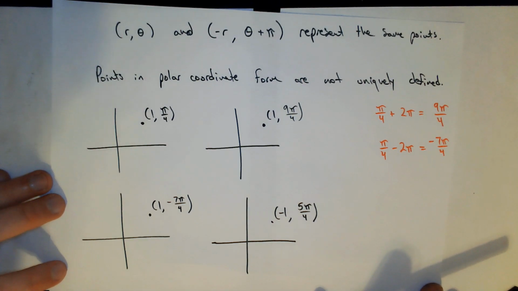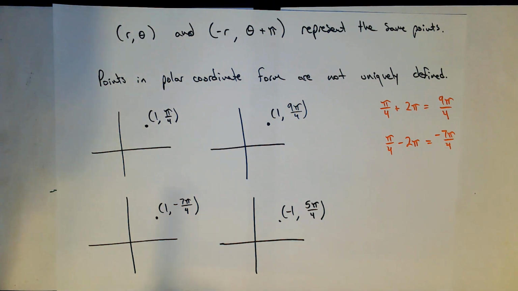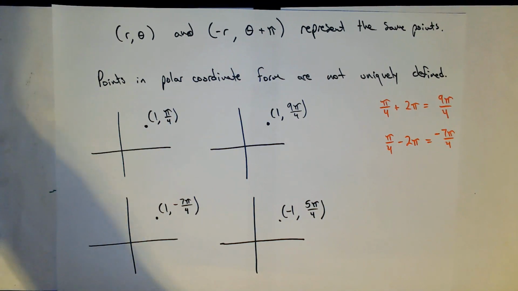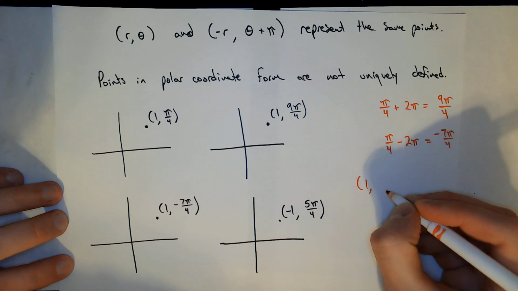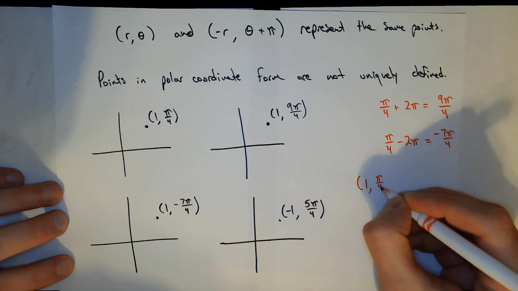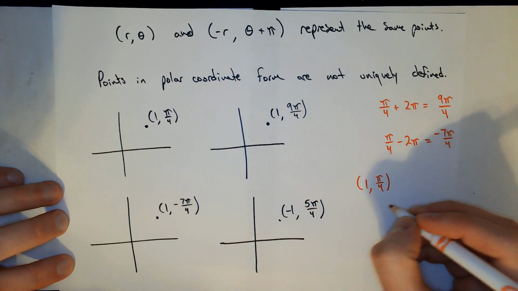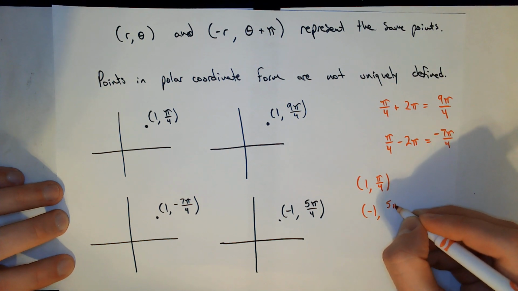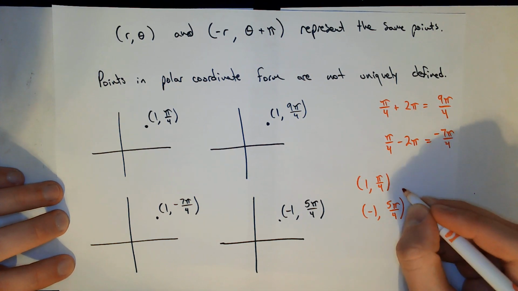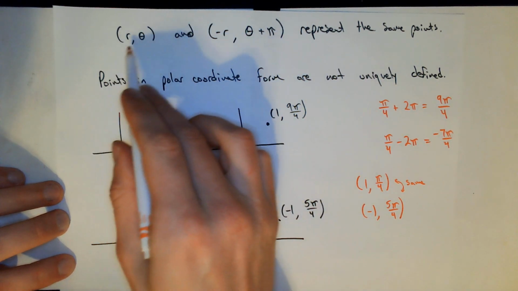So that's just a direct use of this rule here, r comma theta. So in particular, 1 comma pi on 4 represents the same point as negative 1 comma pi on 4 plus pi, which of course is 5 pi on 4. Just using this rule up here.